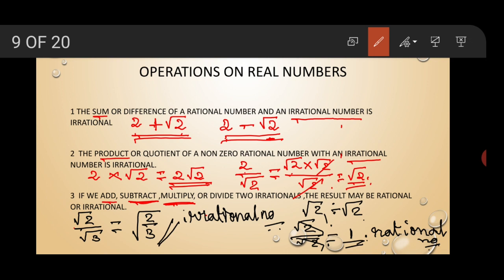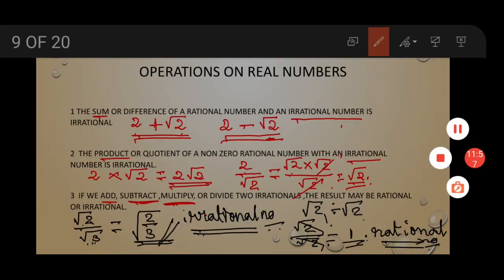Therefore, what do we conclude now? If we divide any two irrational numbers, then the result or quotient is either irrational or it may be rational. Right? I hope you got all the operations on real numbers, right?